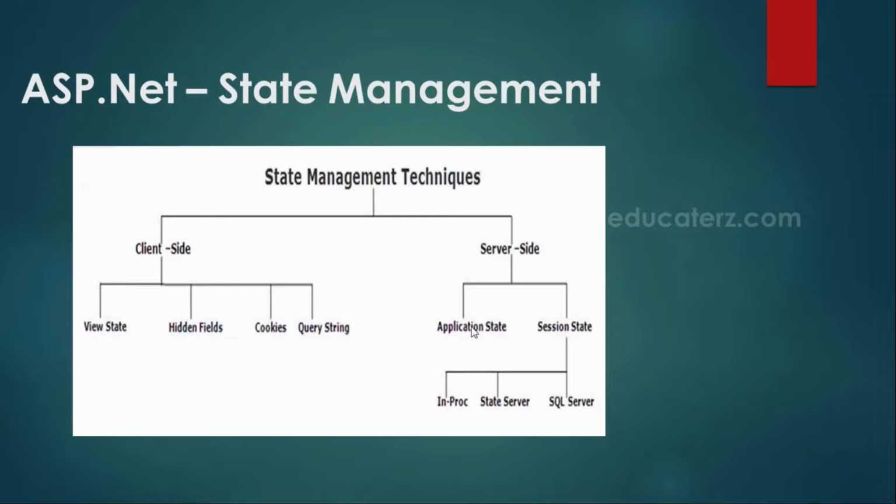Please remember that. Now let me take a real-time example where we can use application state variables. Application state variables are global and all sessions have access to them. So these variables can be used to track the number of users online.